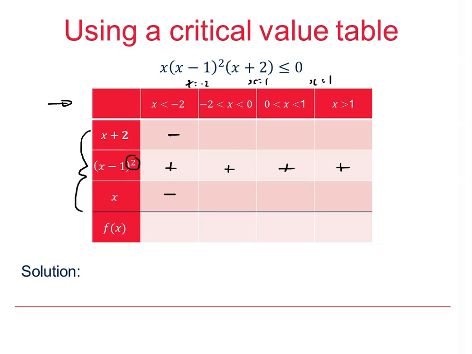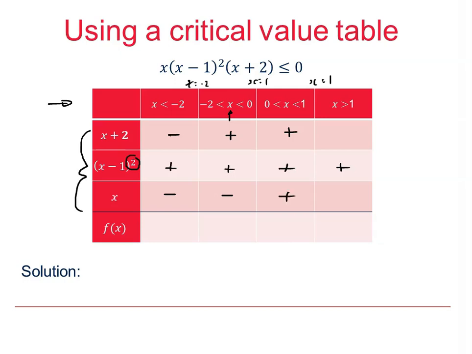As we move then into the region -2 to 0, then the first of those factors at the top, x plus 2, will turn positive, but x itself is still negative. Then when we cross into the next region between 0 and 1, well, this one will be positive, and x also turns positive.